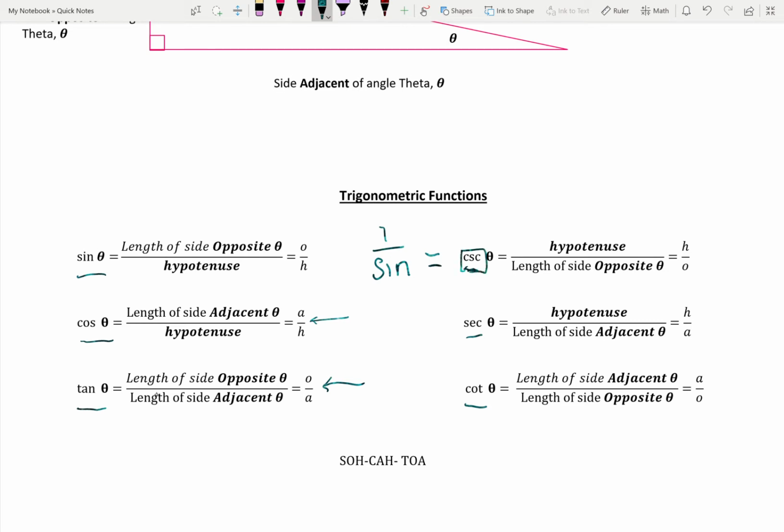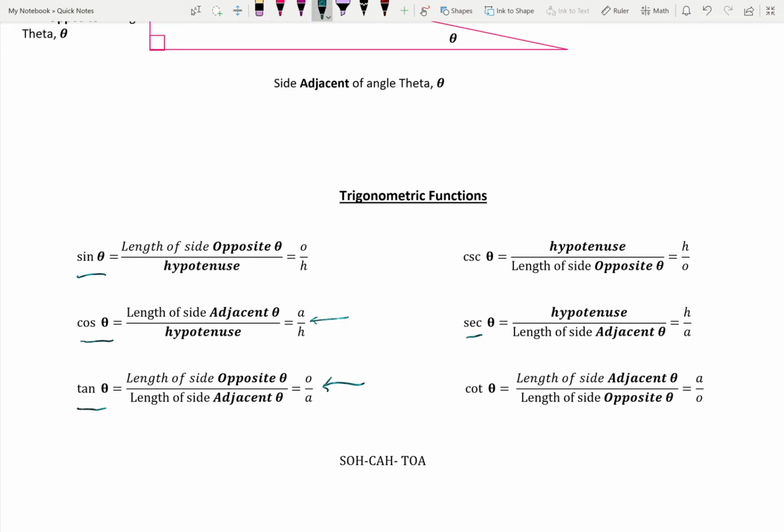If I have cosine here and I do 1 over cosine, this is equal to secant. And if I take tangent and I put the reciprocal of tangent, then I'm given cotangent. So everything that you see on the right-hand side is the reciprocal function.